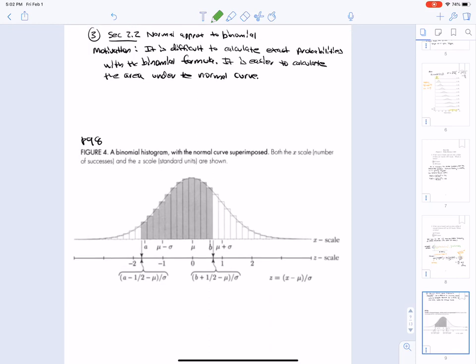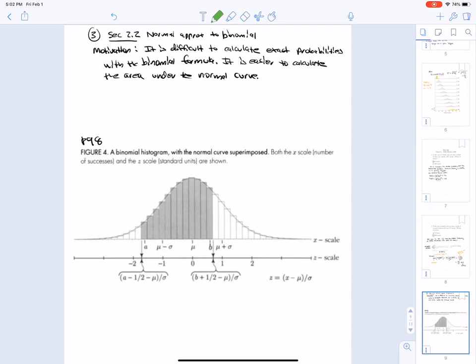Okay, so next thing, the normal approximation to the binomial. Oftentimes using the binomial formula is a pain. For example, if you want to find the chance of having between A and B successes, you'd have to compute all of the areas of these rectangles here, which is a whole lot of binomial formulas.